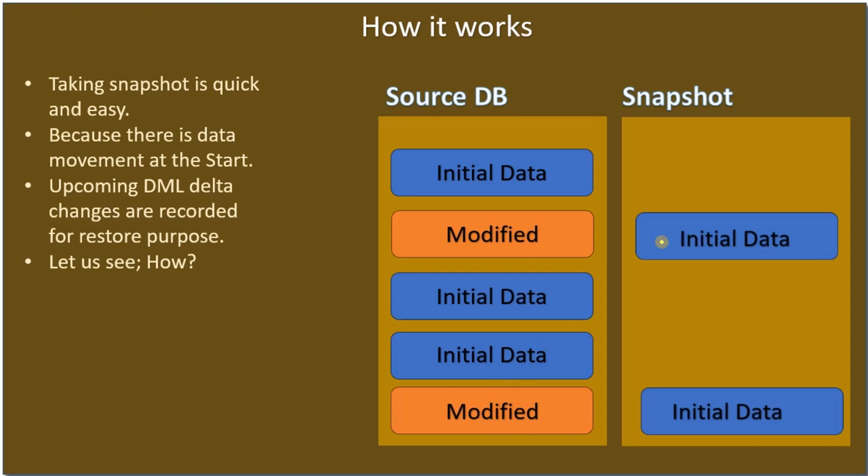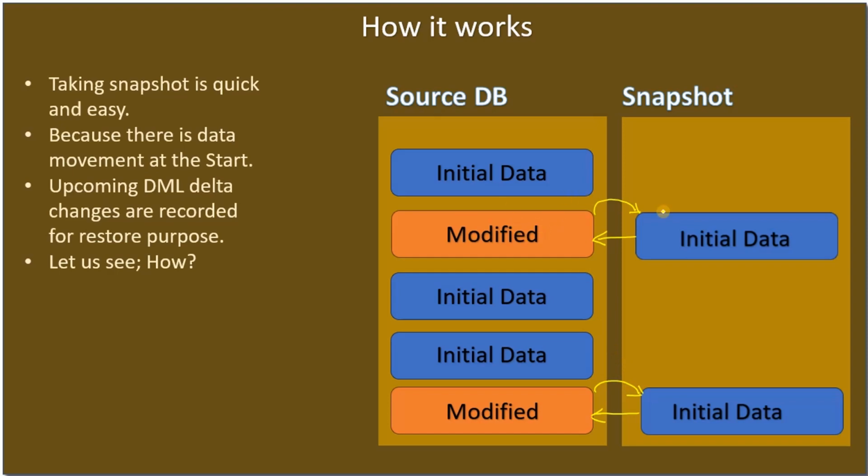So at later stage, when you want to restore the data, what happens is, since it preserves the initial data, it will replace this modified content with this backup initial data. So this is what we are calling a data movement on each DML. So that takes time or a performance hit.